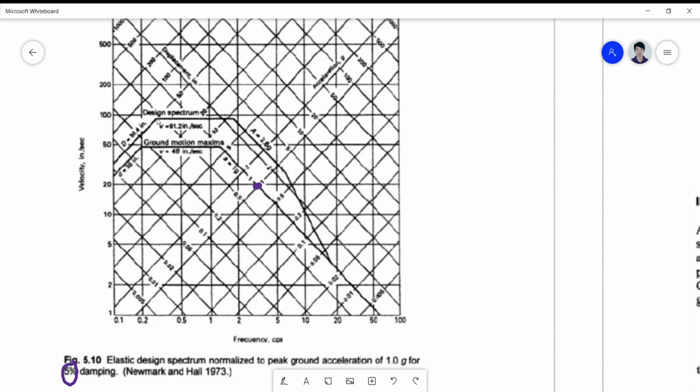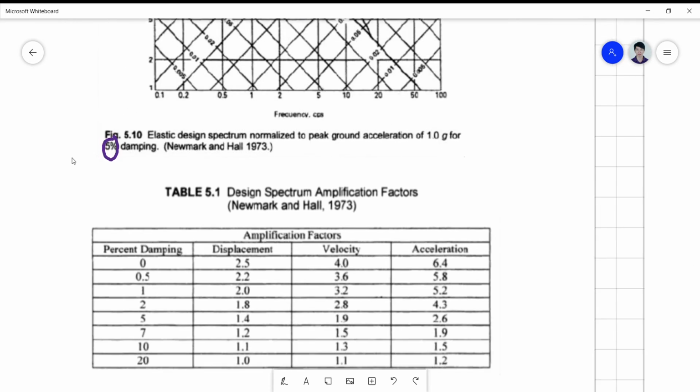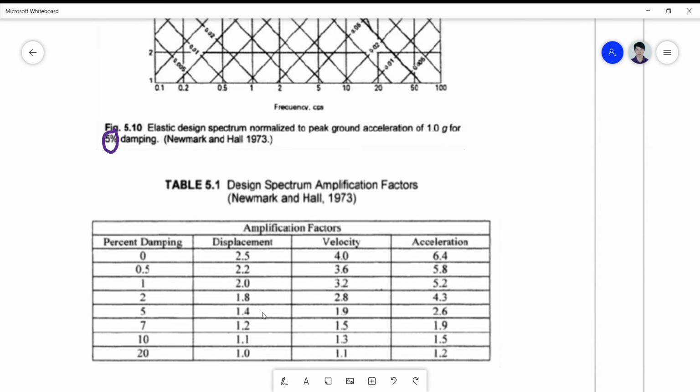displacement. Okay, so this is now your displacement axis. So it's multiplied by the factor given here in the table of 1.4.